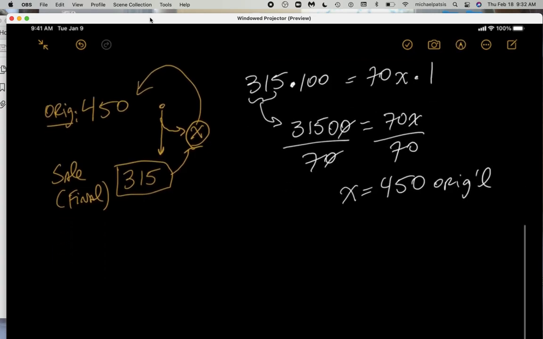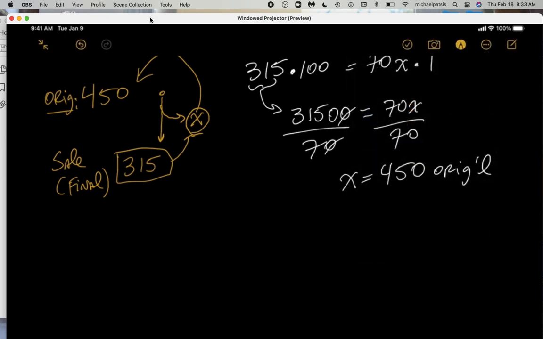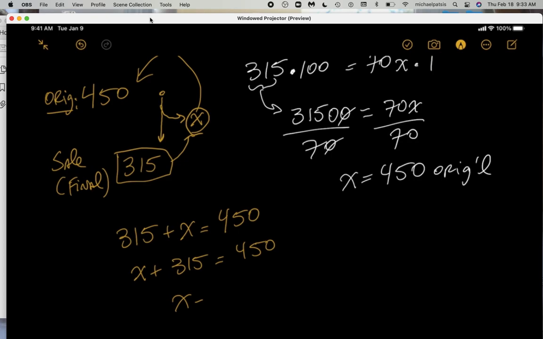So one way to write this is to say 315 plus x equals 450. Or x plus 315 equals 450. X is going to equal 450 minus 315.